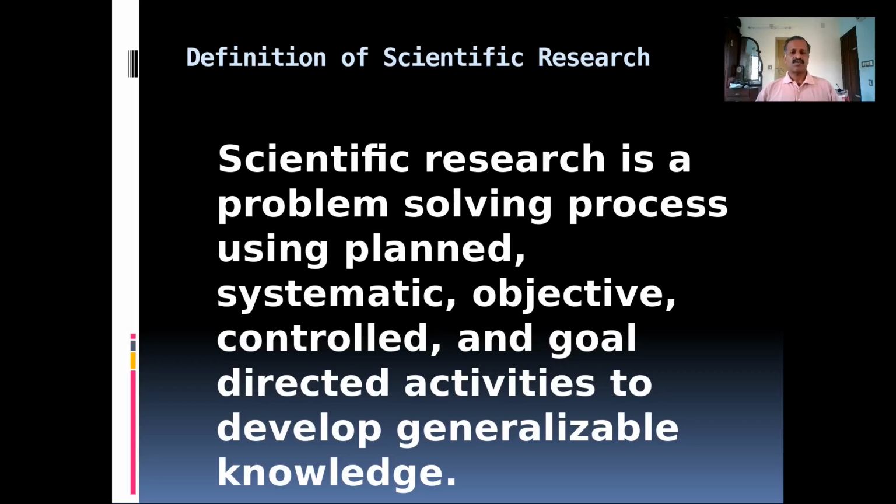Okay, so it's a problem solving process using planned, systematic, objective, controlled, goal directed activities. So it consists of several activities, and all these activities are systematically planned. We have to go one by one. You have to plan properly.